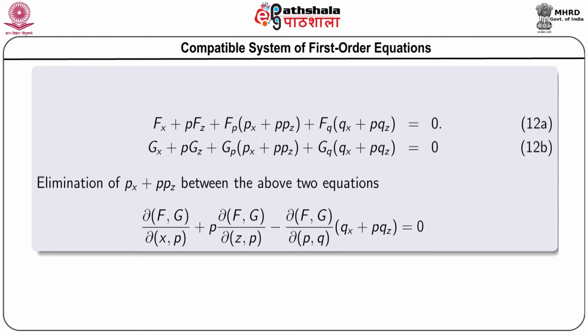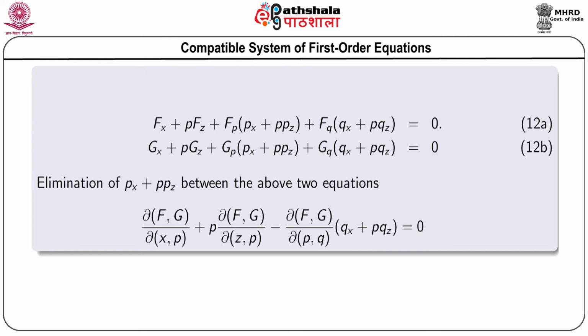Now, if we eliminate Px plus P Pz from equations 14a and 14b, we will get a relation: del(F,G) by del(x,p) plus P del(F,G) by del(z,p) minus del(F,G) by del(p,q) into Qx plus P Qz equals 0.